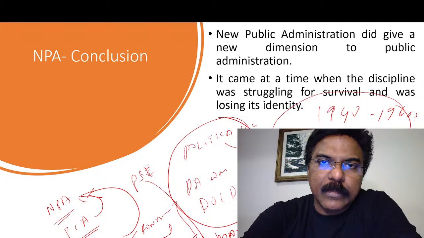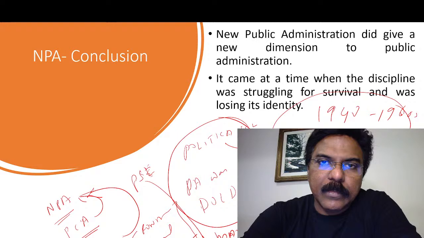That's what Simon taught. And Simon came out with this different approach. It's called decision-making theory. Decision-making theory is completely against all the classical approaches.